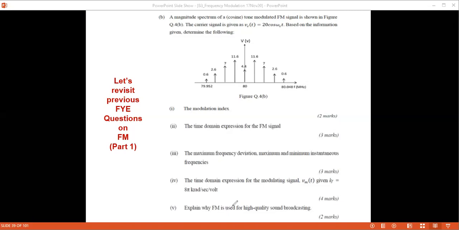So these are the two main advantages of FM. First, superiority to noise, and then it can transmit high bandwidth, high frequency sound signals. Okay, so let's move to the next.